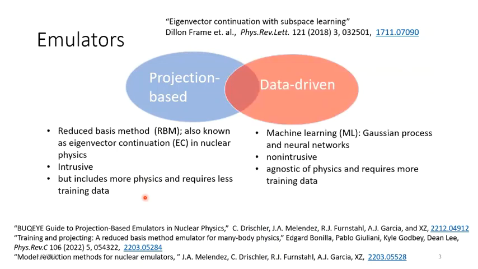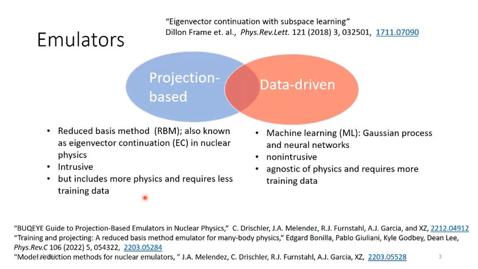For data-driven ones, there could be Gaussian processes, which have come up a lot, and a big chunk of the application of neural networks is also essentially about emulation, basically interpolation and extrapolation of some unknown functions. It's non-intrusive because it just looks at your data, your model output and how it depends on the input parameters.